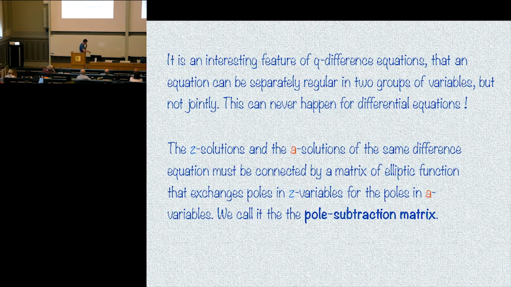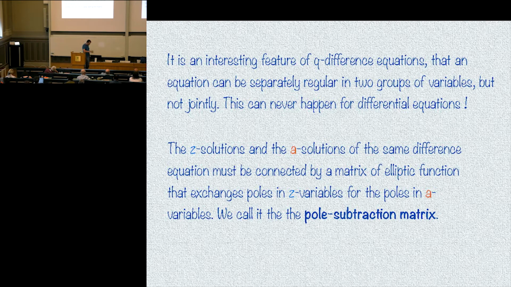It's an interesting point about Q-difference equations that it's possible for a Q-difference equation to be separately regular in two sets of variables but not jointly. This can never happen for differential equations. It's a basic consequence of a deep theorem of Deligne. But here it does. So you have two groups of variables and two different kinds of solutions associated to them, defined on the same set; they don't have different domains of definition.